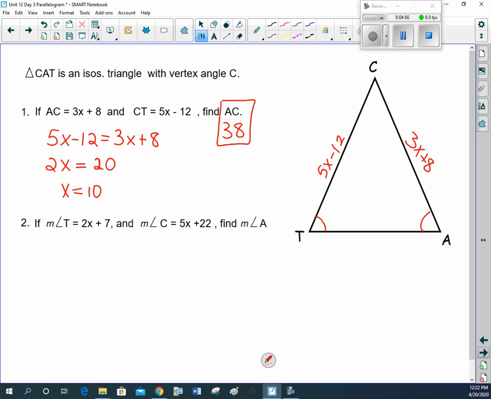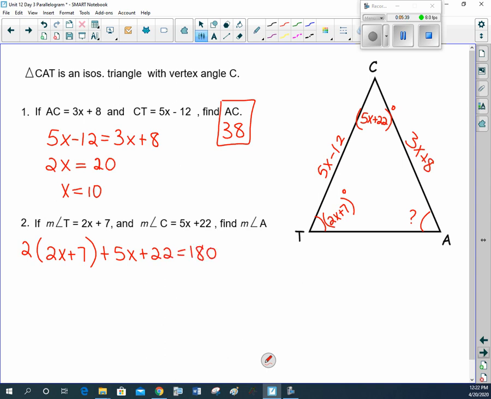Okay, over here, number 2, it says the measure of angle T is 2x plus 7 degrees, and angle C is 5x plus 22 degrees. We're supposed to find angle A. Well, I know that angle A is the same measure as angle T because it's isosceles and the base angles are congruent. And I know inside a triangle is 180. So I'll say 2x plus 7, and there's 2 of those because those are my base angles, plus 5x plus 22 equals 180.